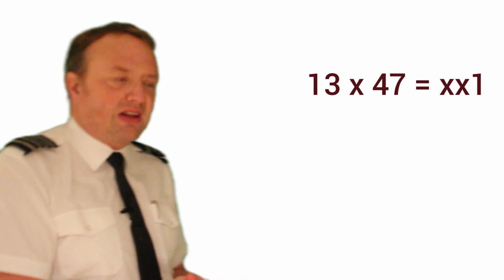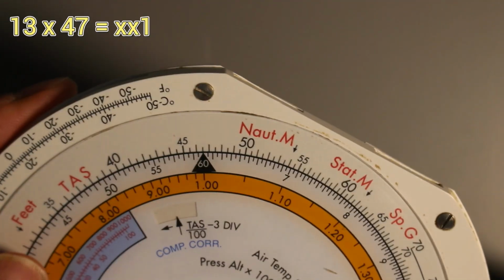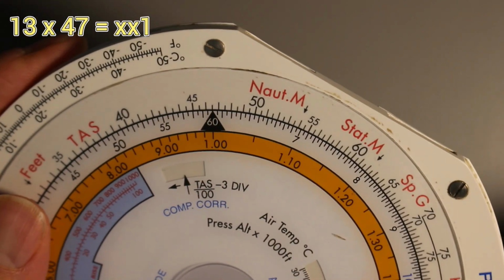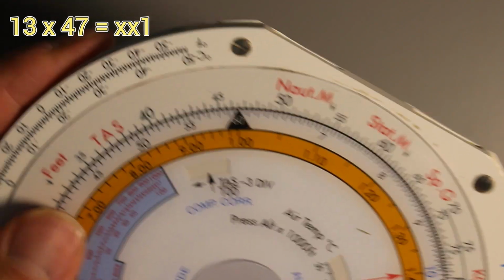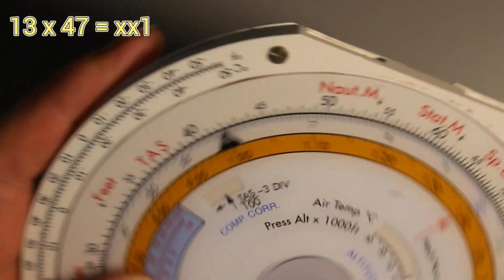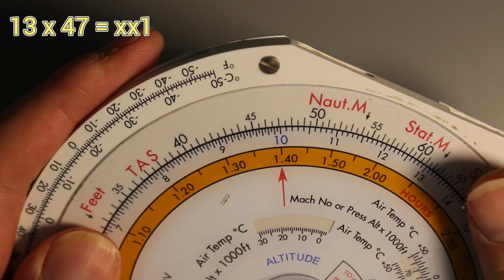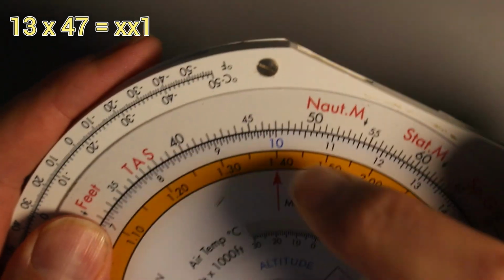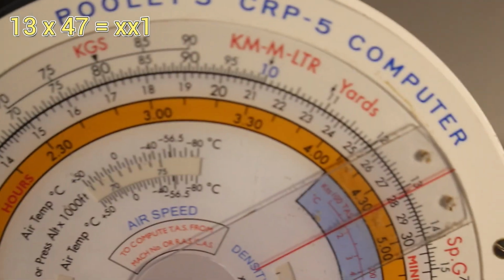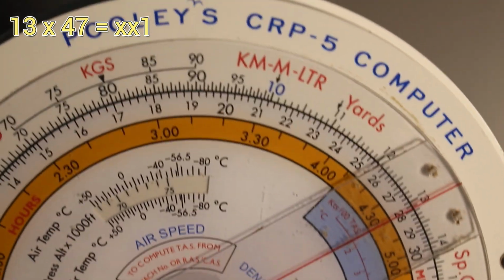Let's have a look at this in action then. 13 times 47. Once again, everything on the outer should be 47 times everything on the inner. So, there's the number 47. I'm going to point the 1 at 47. So now, 1 times 47 is 47. 2 times 47 is 94.